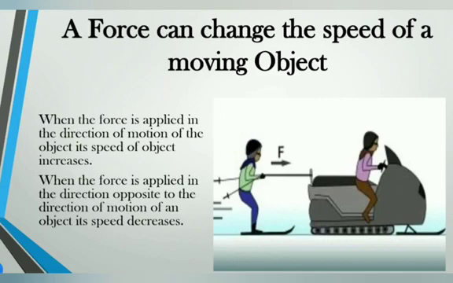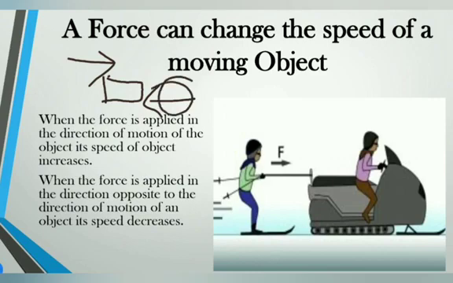If the object is moving along this direction and you apply force on the object opposite to its motion, what happens in this case? Its speed decreases. Okay? Its speed decreases and finally it may stop if the opposite force is greater than the initial force.